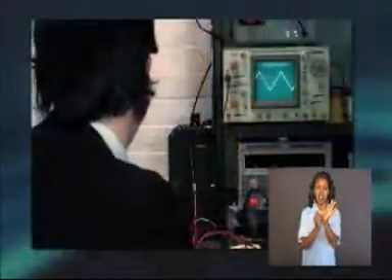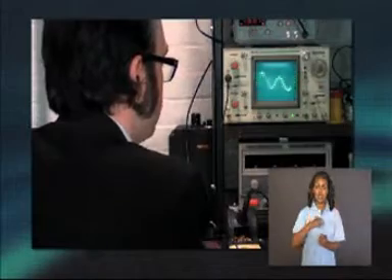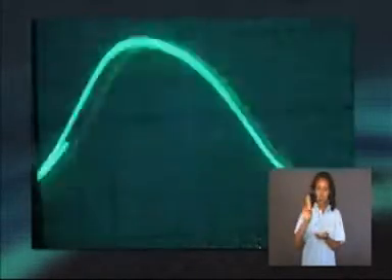We can do more with cathode ray technology than display television images. We can use the technology to draw maps of electronic signals. And we do this using a cathode ray oscilloscope. A cathode ray oscilloscope shoots a beam of electrons through a series of deflecting plates.